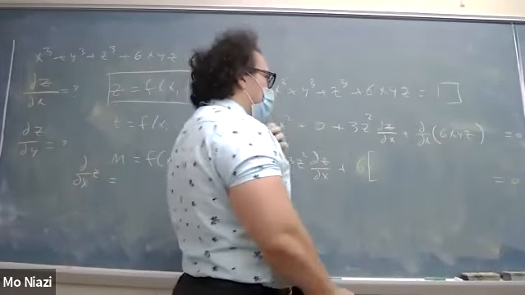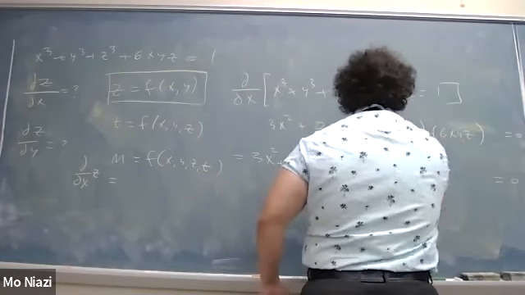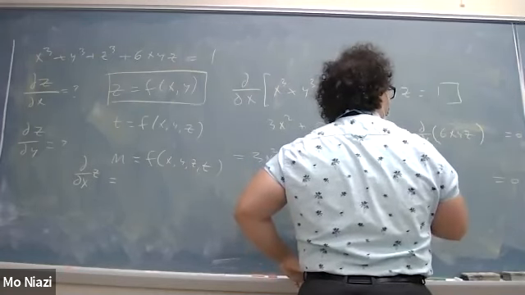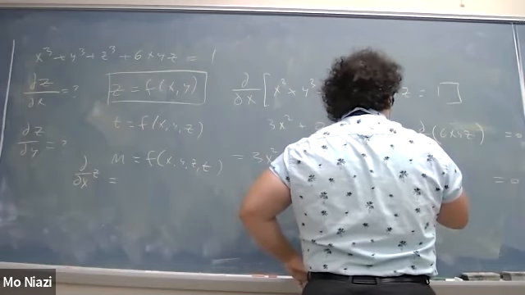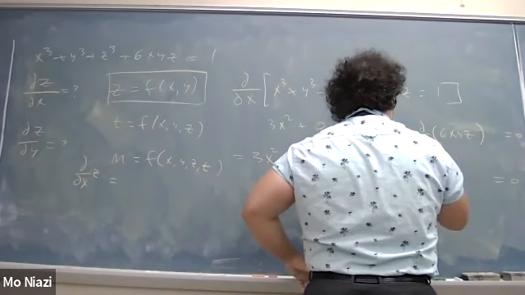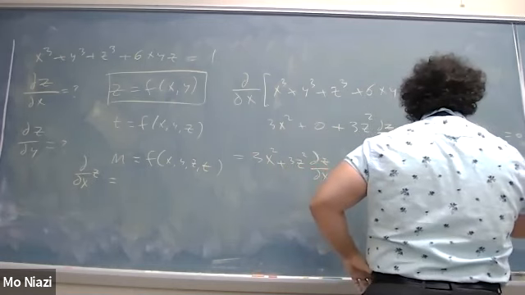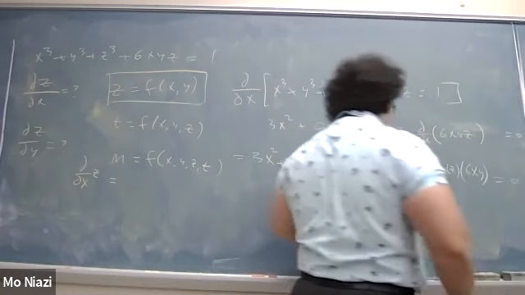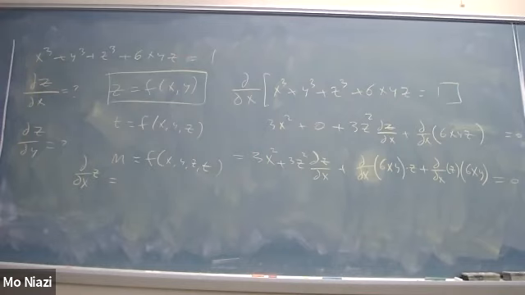So what you're going to have to do is you're going to say, all right, well, what happens when I get partial x of 6xy times z plus partial x of z times 6xy. Does that kind of make sense?